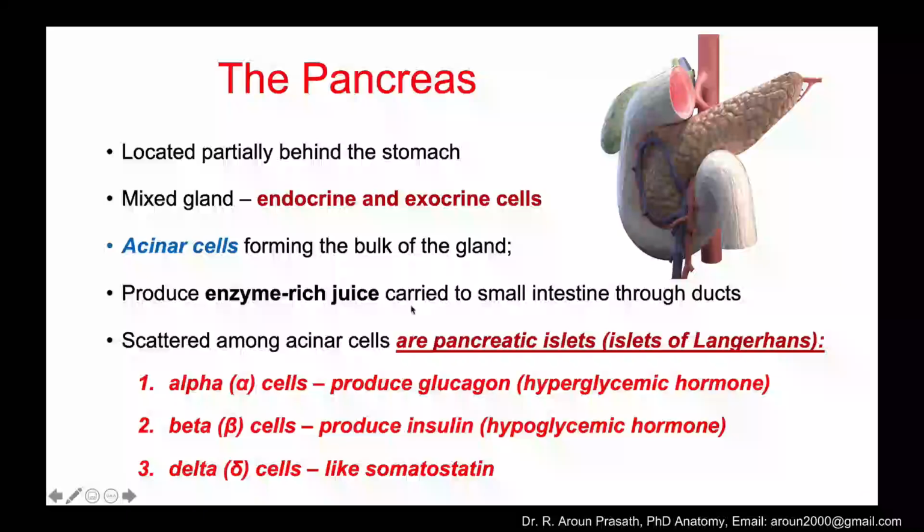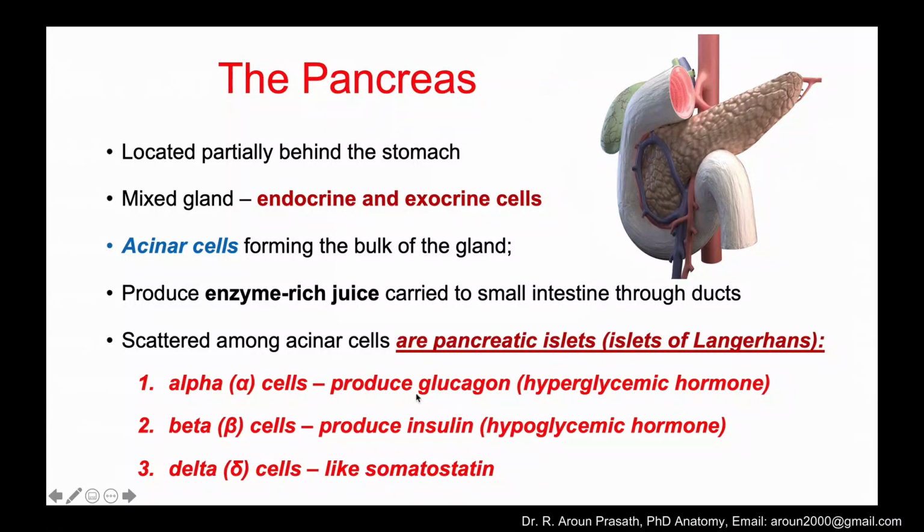The alpha cells produce glucagon, the beta cells produce insulin, and the delta cells produce somatostatin. Here the very important hormone is insulin from the beta cell, which reduces the blood sugar level. Then the alpha cell producing glucagon will increase the blood glucose level.